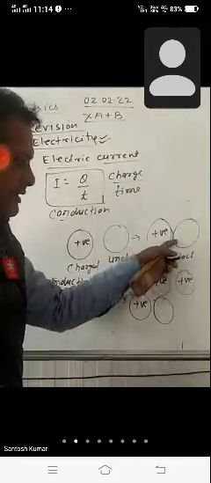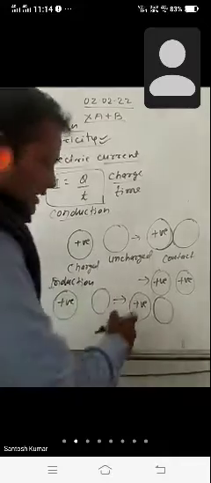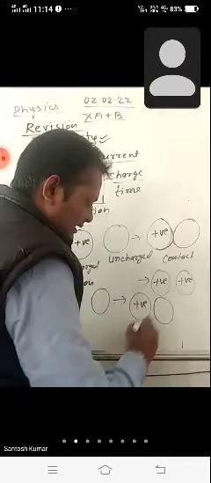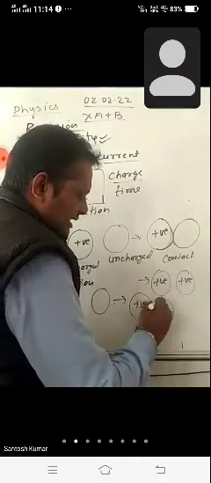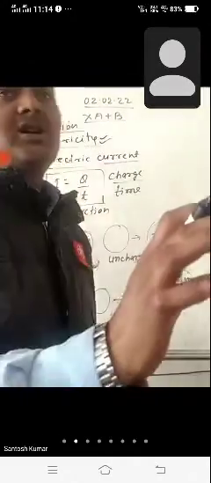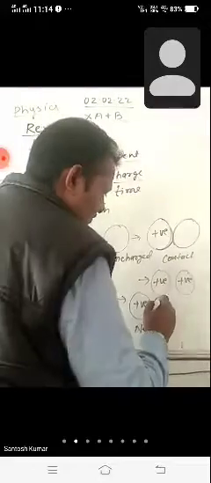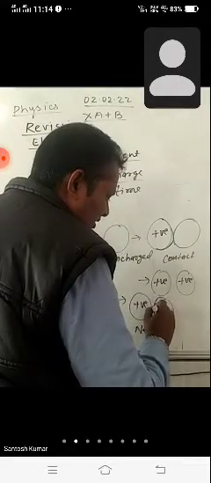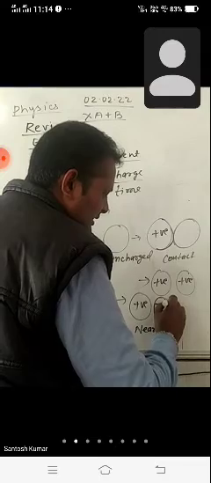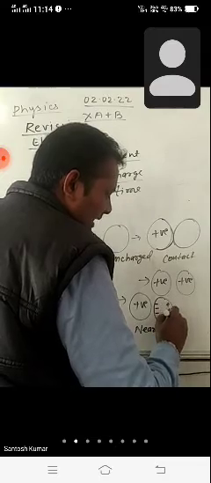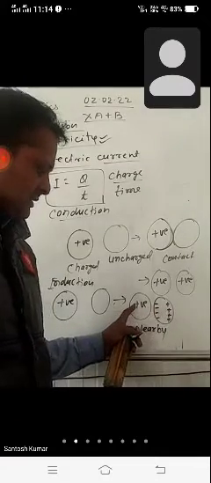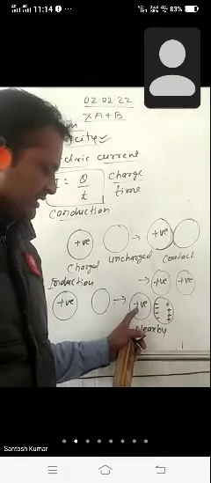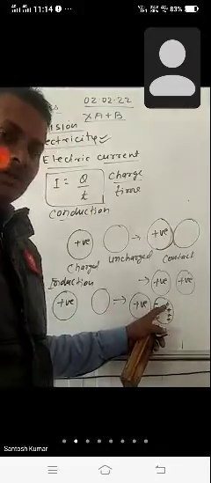If there is contact, conduction will take place. It exerts an opposite charge on its front face and the same charge on the back face. Opposite means if it is positive, it will be negative. If it is negative, it will be positive.